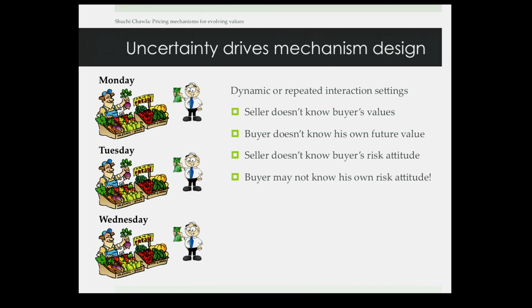So if I offer you a lottery that pays you $10 with 50% probability, how much are you going to be willing to pay for it? $5, $4, $3? I'm sure everyone has a different answer for how they assess the value of such a lottery.